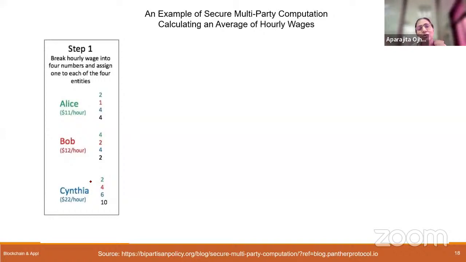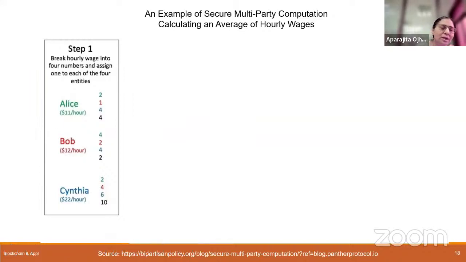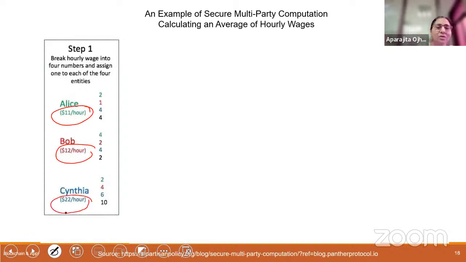So they want to find out the average salary of their employees at the same level. Alice is getting $100 per hour. Bob is getting $12 per hour, but Cynthia is getting $22 per hour.